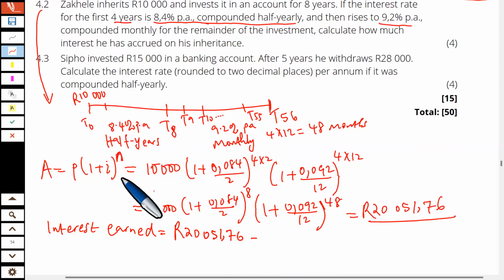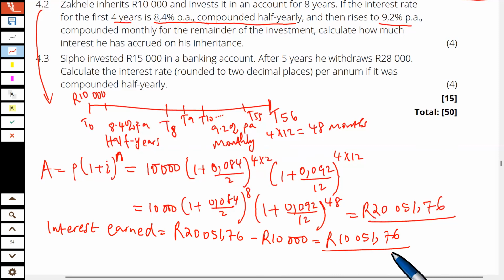You minus 10,000, which is exactly 10,051.76. So obviously it means therefore the interest earned is 10,051.76.